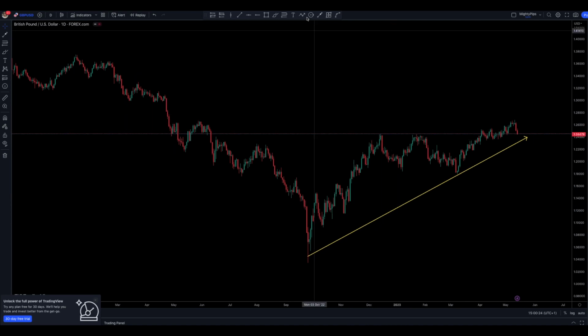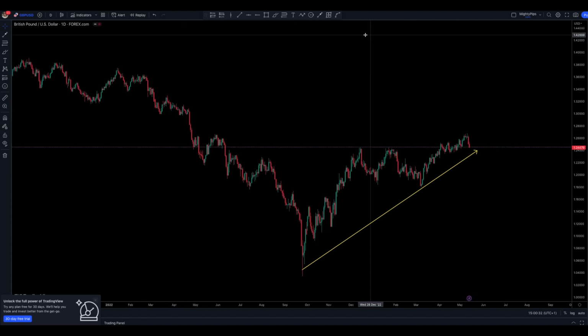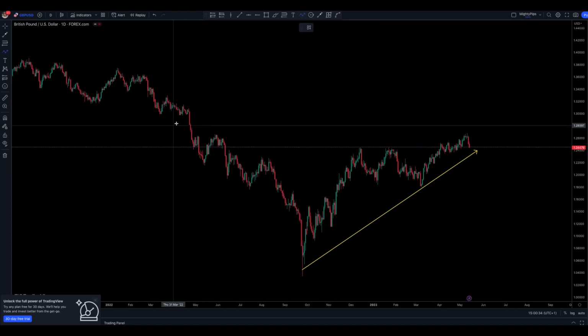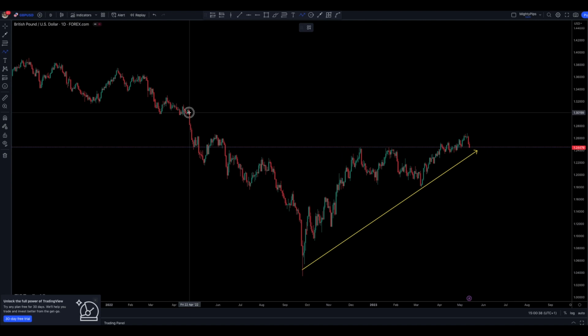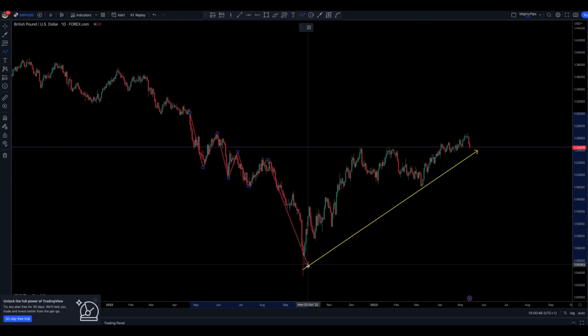So what you have to do to determine whether this is an uptrend is you look at previous market structure. This is what I do exactly. I go and see what market structure is doing. Last year we had lower low, lower high, lower low, lower high, lower low, lower high, and it created this low here and created this high.